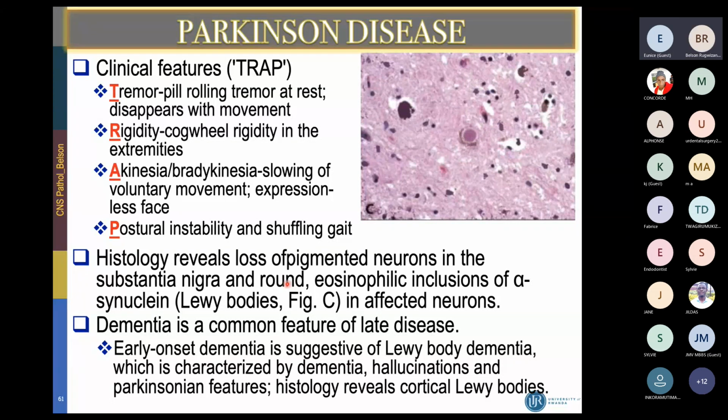Expressionless face no kuvuga ubona nk'umuntu utayizi icyo yitayeho n'icyo ushaka kuvuga ahangaha, ariko cyane cyane bitewe nuko muvoma z'amaso niba ari kwishima ntibiza vuba. Postural instability and shuffling gait. So ni umuntu ugenda atera udutambwe duto twinshi vuba kandi agenda asa n'ushaka kugwa imbere.